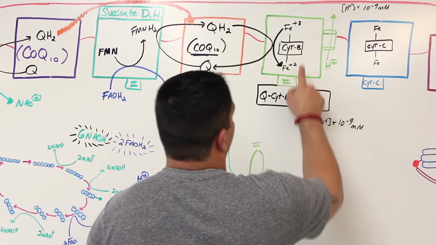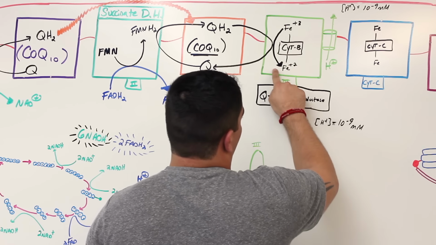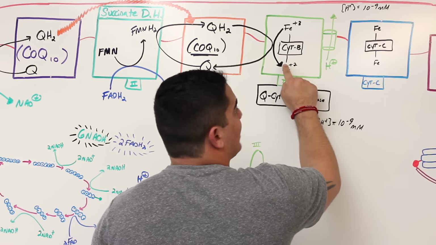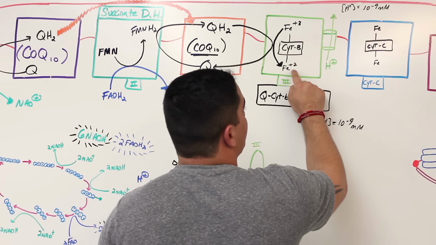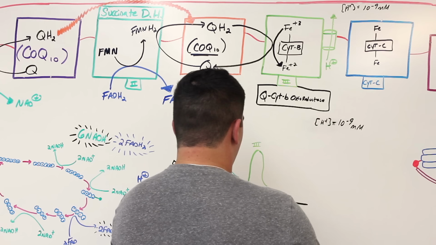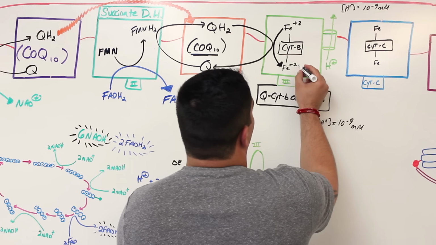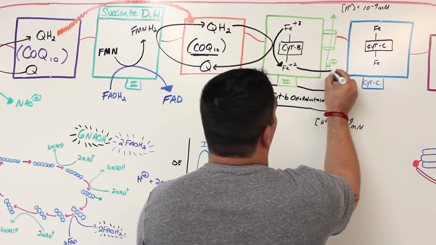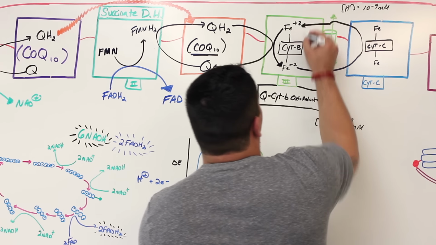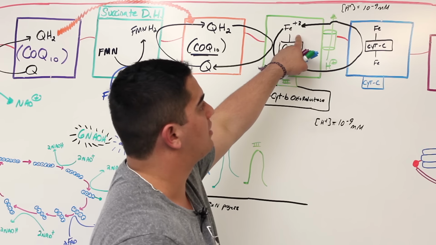But again, what's happening? This iron passes electrons onto this Fe2+. This Fe2+ is at a high energy state. He doesn't want to have those electrons anymore. What is he going to do? He's going to pass those electrons onto this guy. So now look what happens. These electrons are going to get passed over onto this guy, and he's going to get regenerated back into Fe3+.